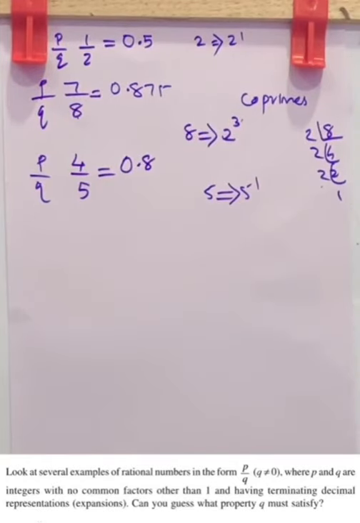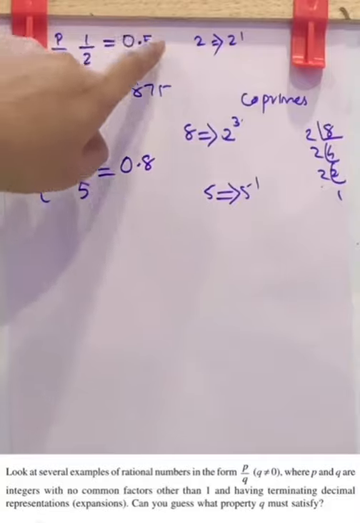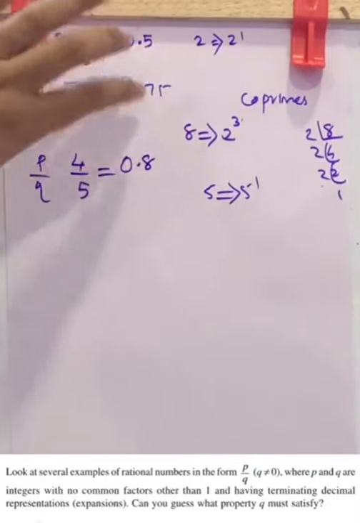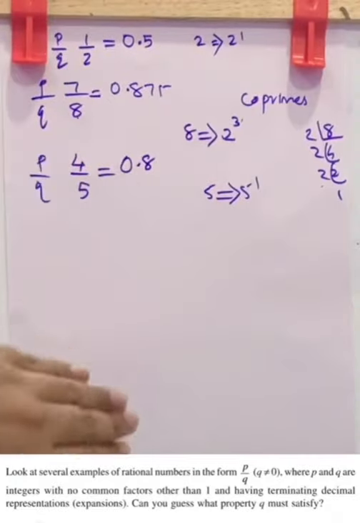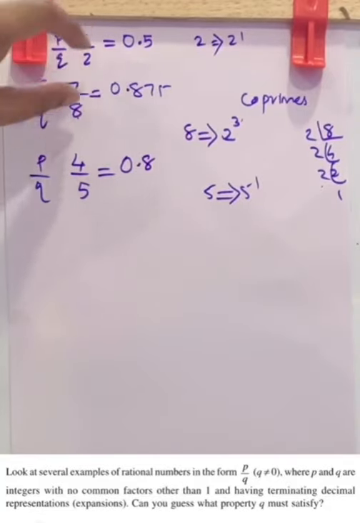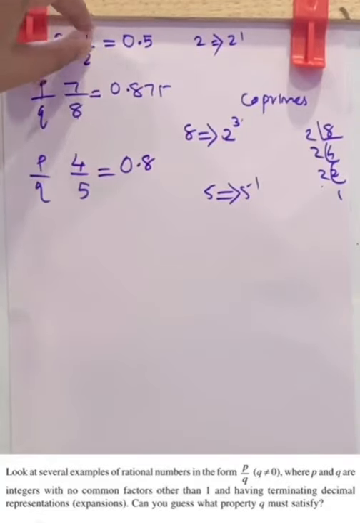So we can conclude that if we check any other examples, we will get a conclusion that if the decimal expansion is terminating, that is ending, then in the case of P by Q, well, it is in the least form. We are talking about the least form, that is they are co-primes.